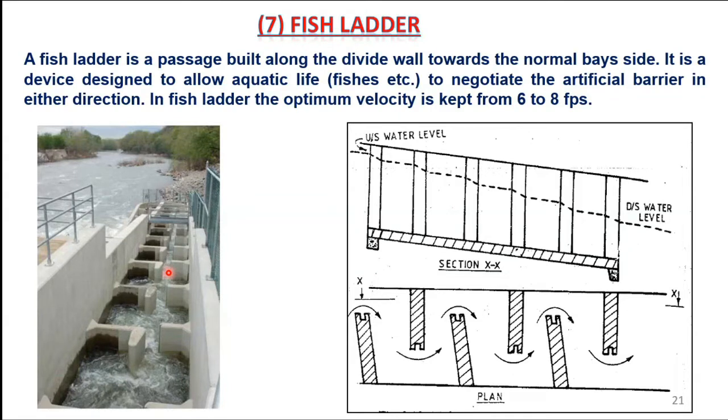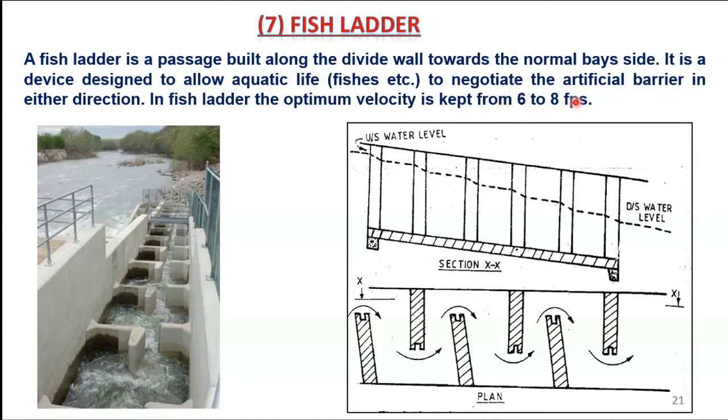When all gates are closed, the aquatic life, fishes and other aquatic life, cannot move across. We must keep a passage to maintain the ecology of the river system, and so this type of structure is provided, and it is called a fish ladder.